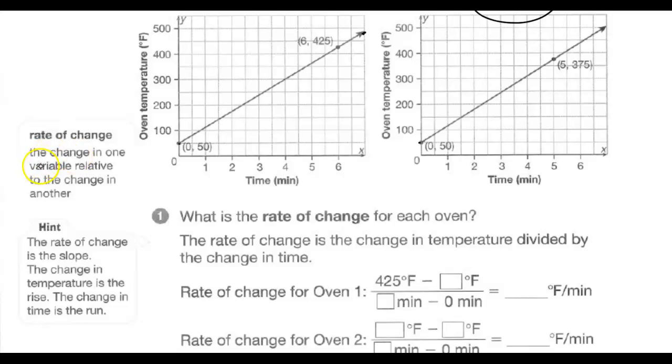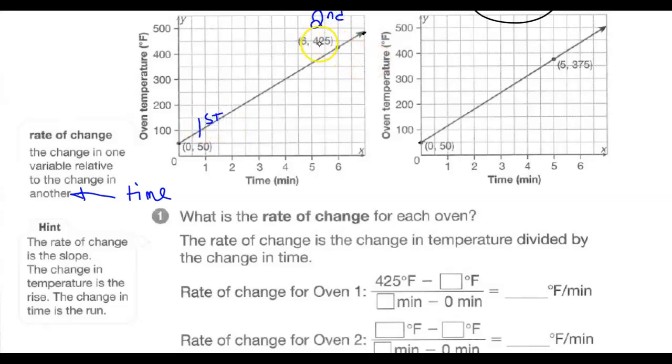So rate of change, as I said, is the change in one variable relative to the change in another. Typically, that's time. So what is the rate of change for each oven? It's the change in temperature divided by the change in time. So for oven 1, this is our second point, and this is our first.